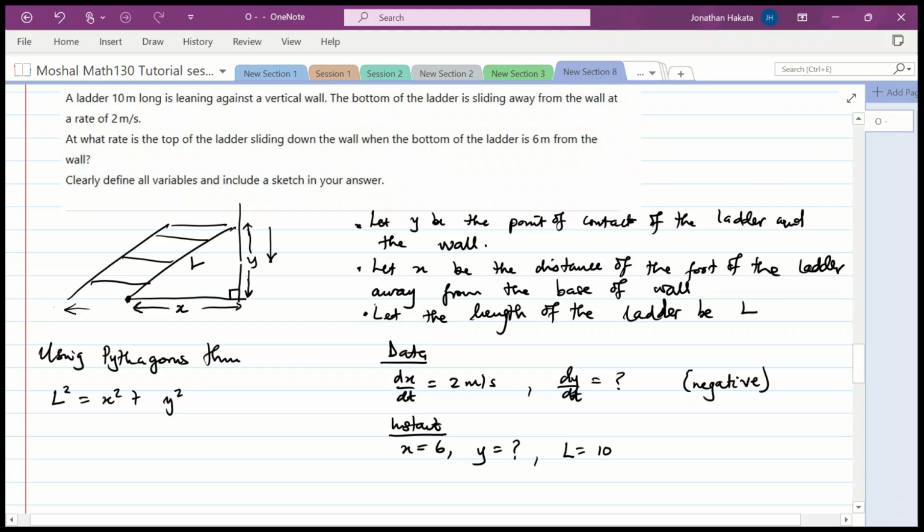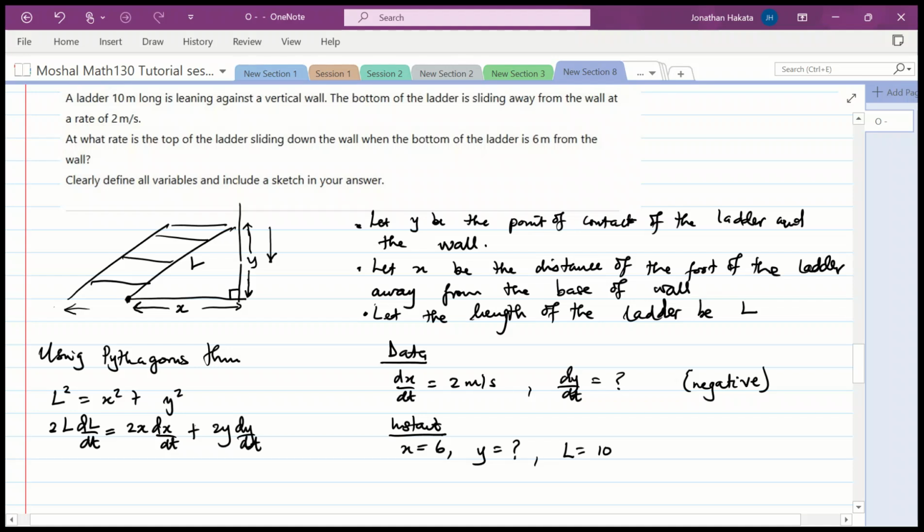Carrying out implicit differentiation, you have 2L dL/dt being equal to 2x dx/dt, because every variable depends on time and is changing with respect to time, plus 2y dy/dt.